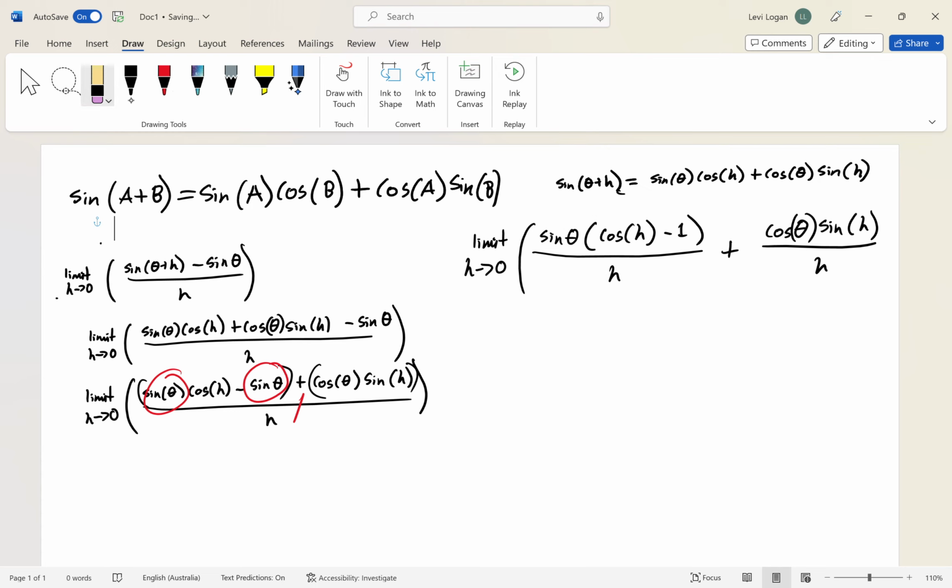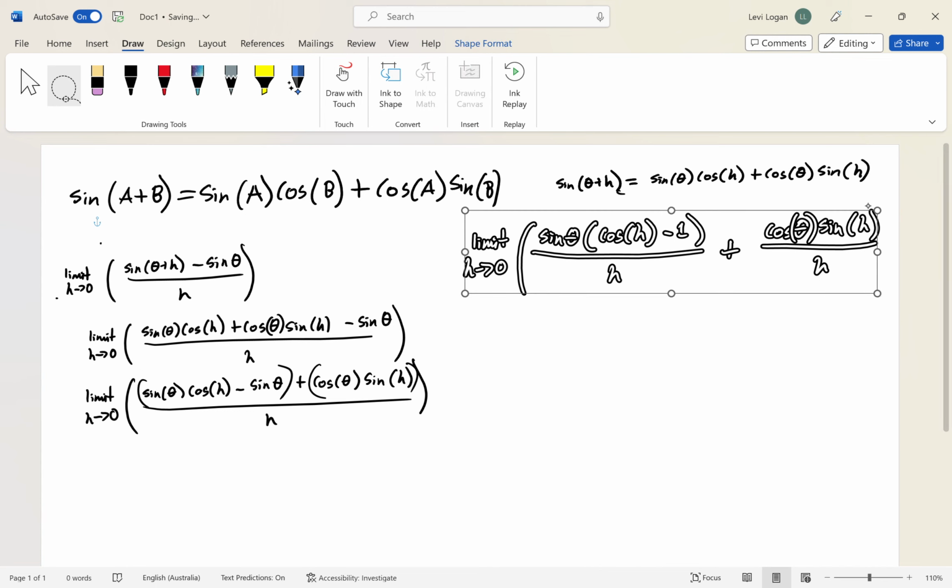If I were to distribute the sine theta to the cos of h and -1, we would get this entire term here still. So I haven't changed anything, I haven't added anything in, I've just changed how it looks and how it appears. Alright, make this a bit smaller so we have enough room for our derivation.